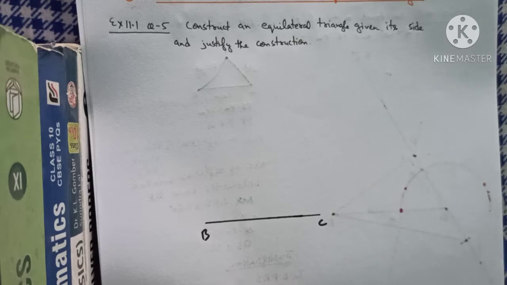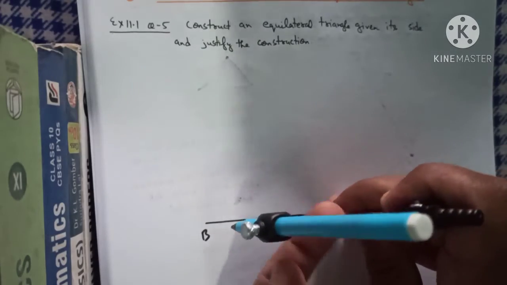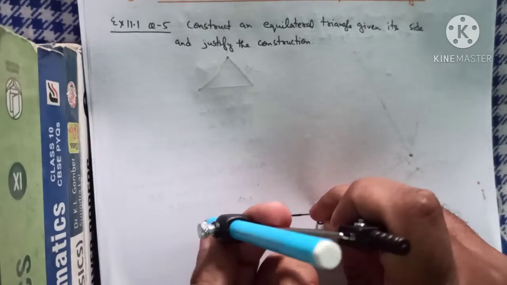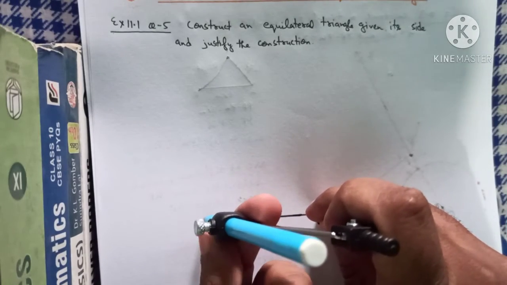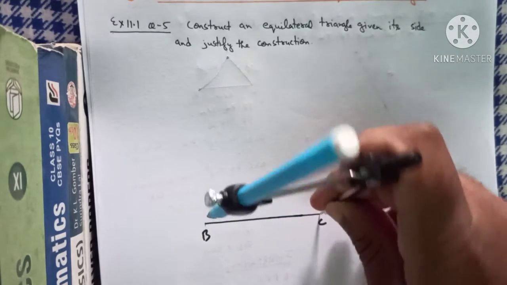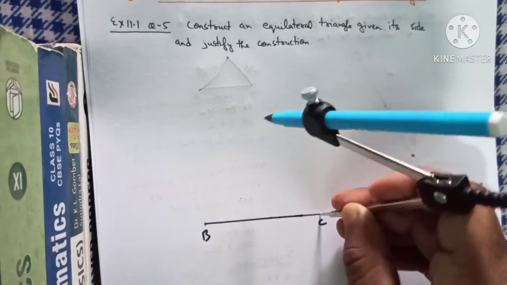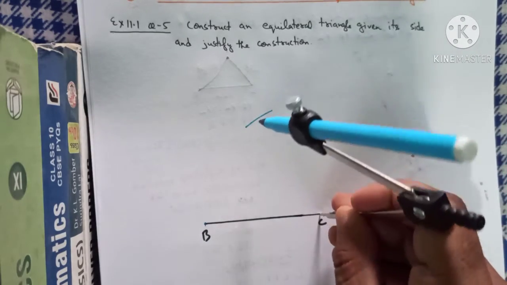Now with C as the center, taking radius equal to BC, we'll draw an arc.